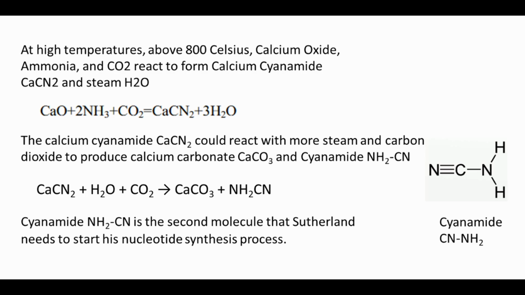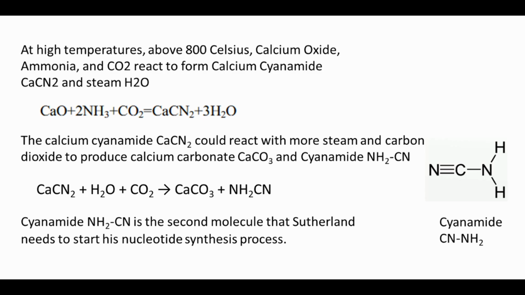At high temperatures, above 800 degrees Celsius, calcium oxide, ammonia, and CO2 react to form calcium cyanamide, CaCN2, and steam, H2O. The high temperatures for this reaction could be from natural volcanic activity or a lightning strike.